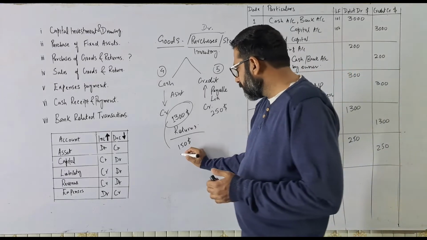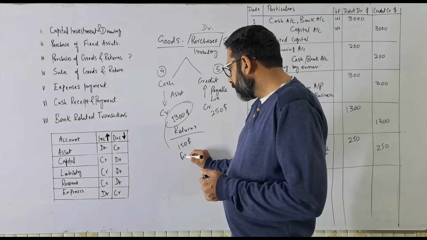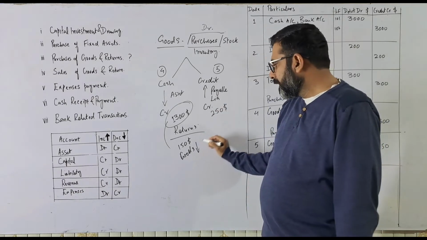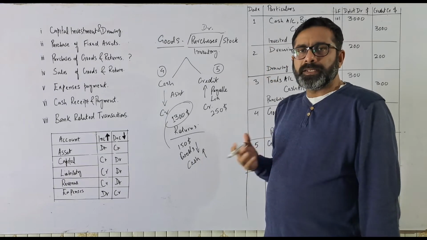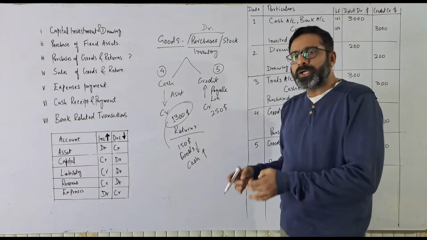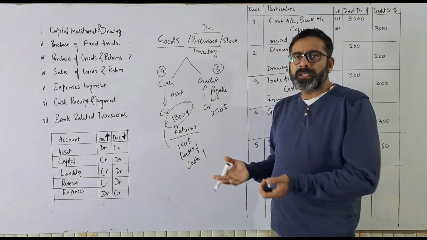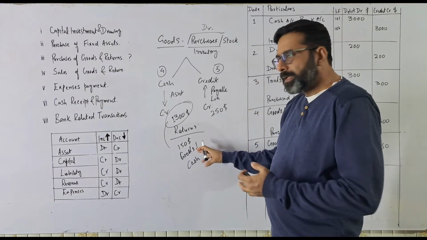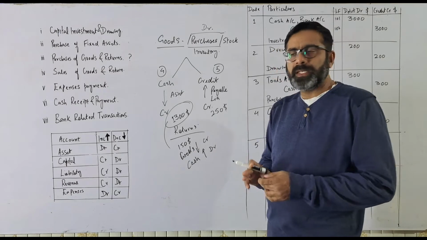So in that case, if there is a return of $150, the goods are decreasing and the cash is increasing, because you have paid the cash, now you have returned the goods, and they are giving back the cash to you and you are giving back the goods to them. So the transaction will be just reverse. The goods account will be decreased, so it will be credit, and the cash is increasing, so that will be debit.